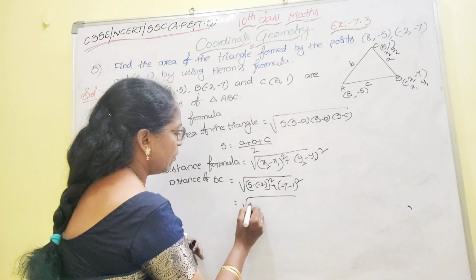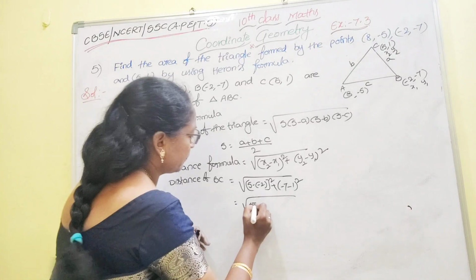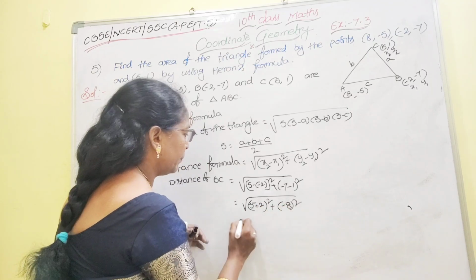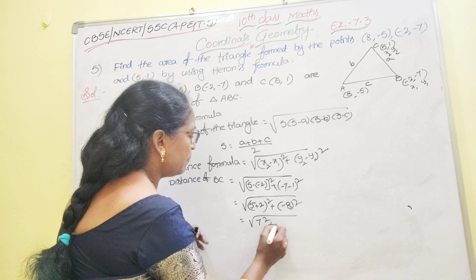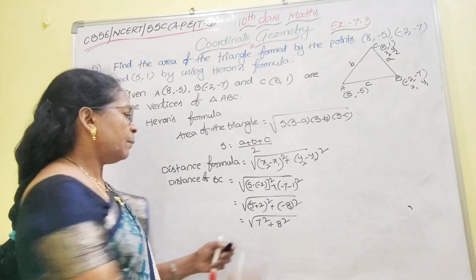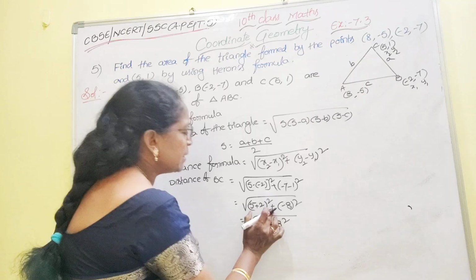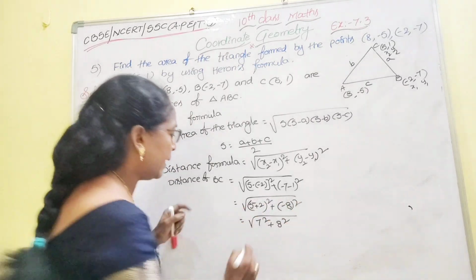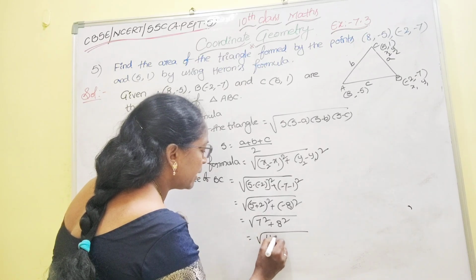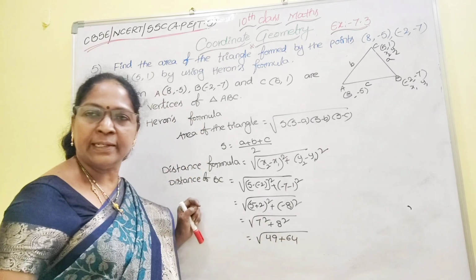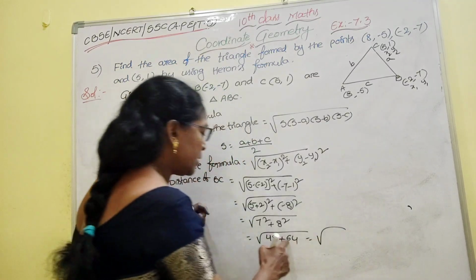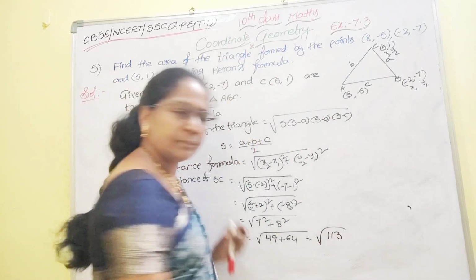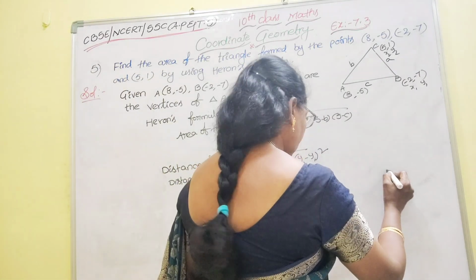That equals square root of (5 plus 2) whole square plus (8) whole square, which is square root of 7 square plus 8 square. That equals square root of 49 plus 64, 8 eights are 64. That equals 113.